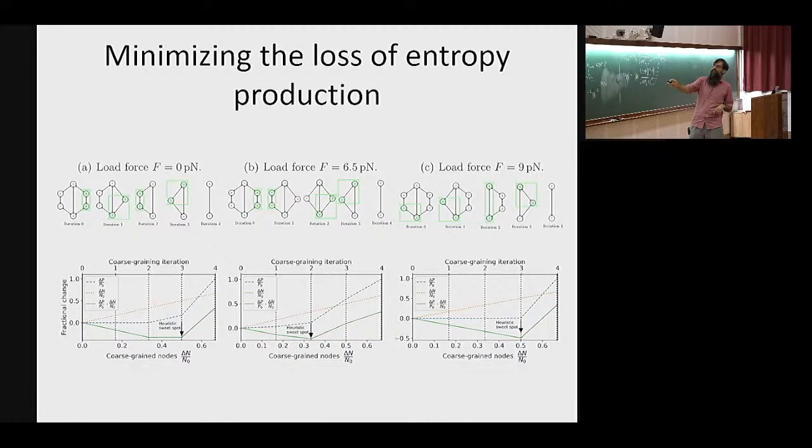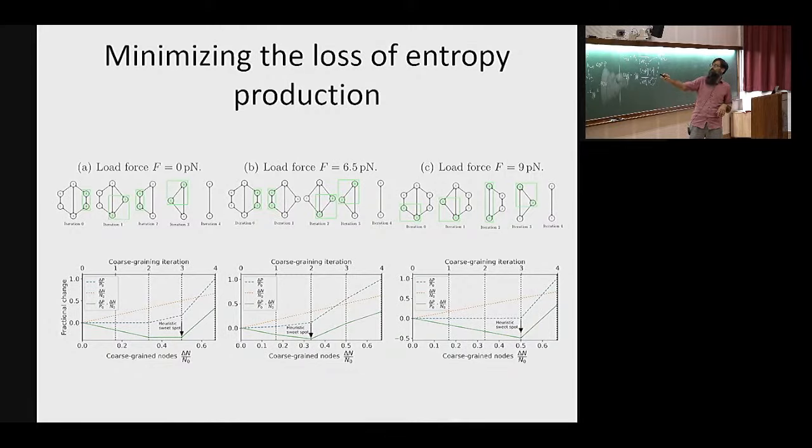That's what we have seen on the last slide already. And then we take away this complete backward cycle because the motor anyway goes forward most of the time. So we only have the forward cycle, and then we can still merge nodes here. And in the last step, which would be really way too much in that direction, we end up with a 2-state system, which has to be an equilibrium system. So there you have lost everything that makes it a motor.